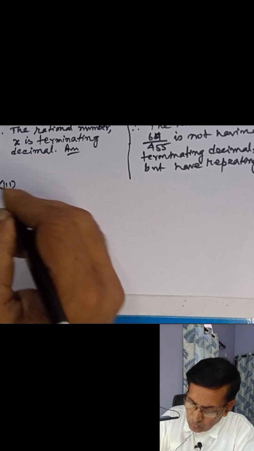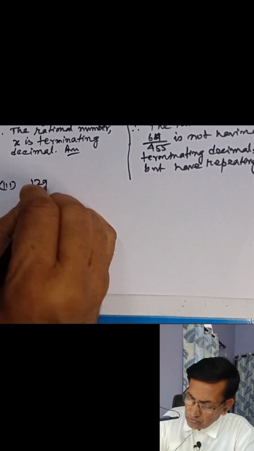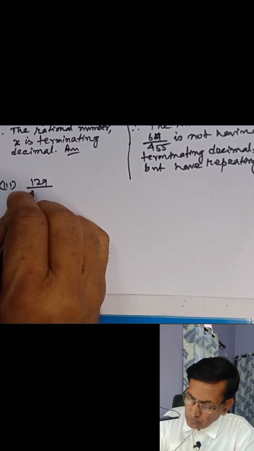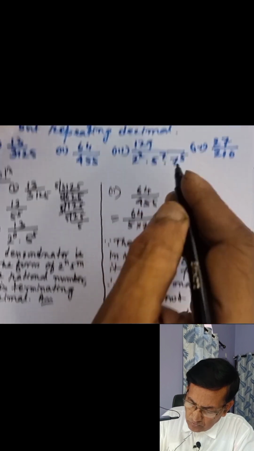Third is 129 divided by 2 square, 5 to the power 7, 7 to the power 5.